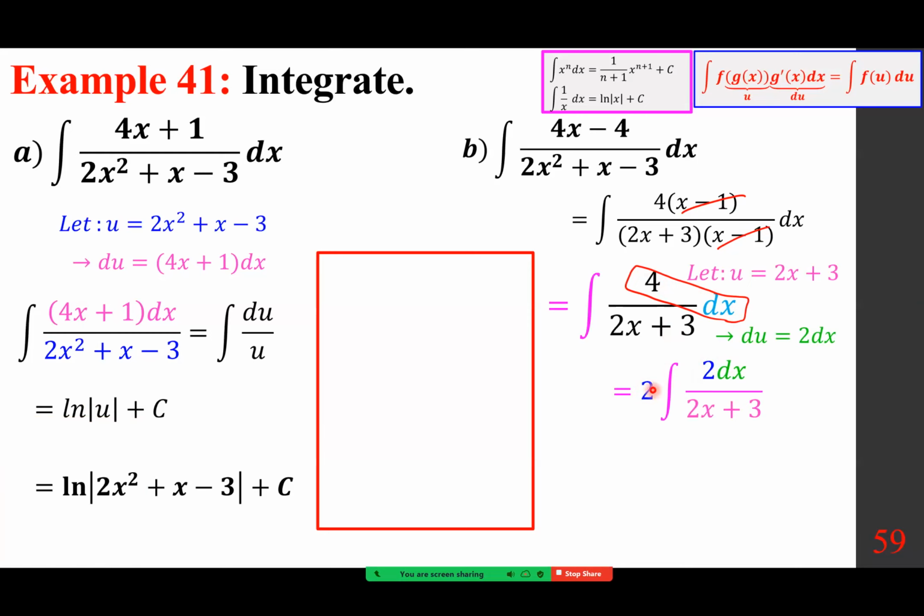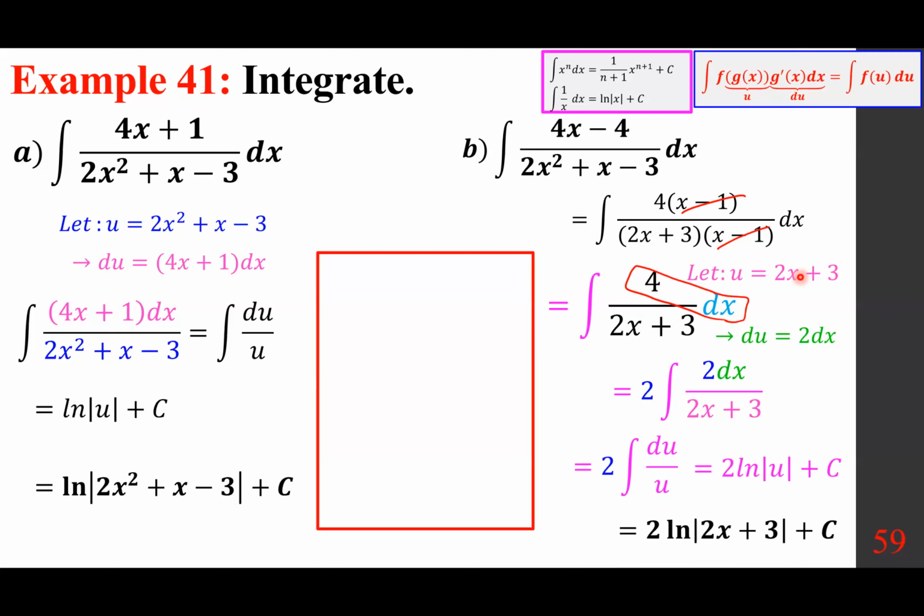Now, I put the 2 outside. It doesn't matter out or in. It's a number. So what you're looking at is now du over u, which is the same as this one, natural log. Don't forget the 2. And replace the u. And as always, you can check by differentiating the result. And we're done.